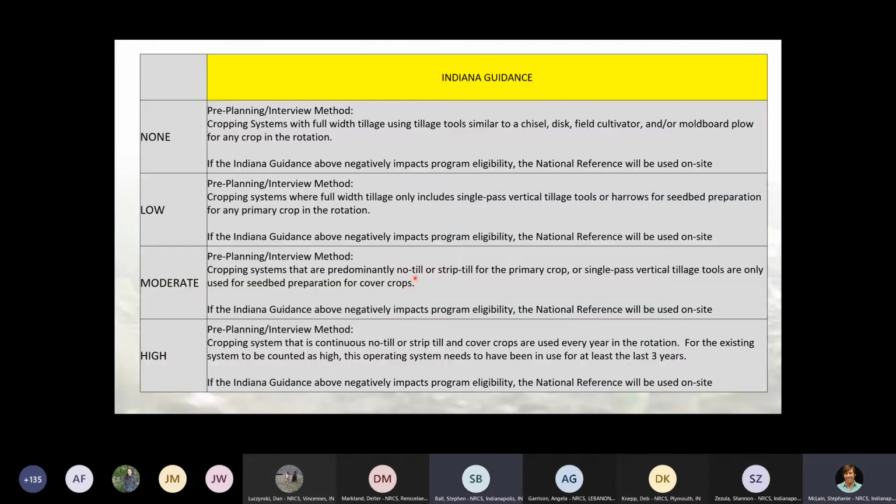Stephanie? Yes, we have a question. Where are the interview questions located? You mean the Indiana guidance questions? They're in that Indiana spreadsheet that was shared in a bulletin. Shannon, was that released on Monday or Tuesday? Wednesday. Okay, maybe Tuesday, one of them.